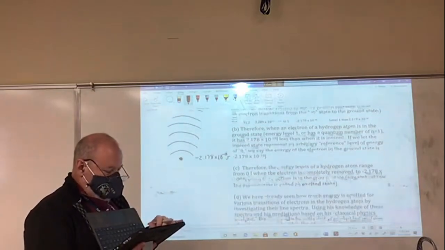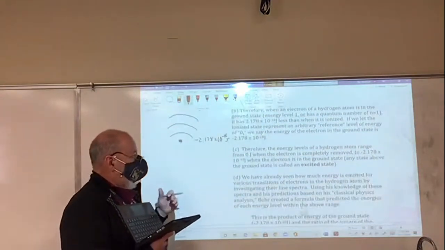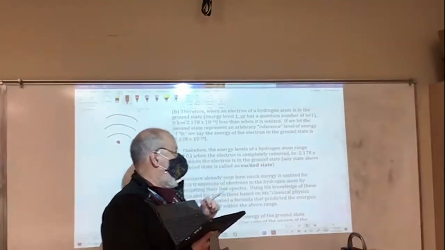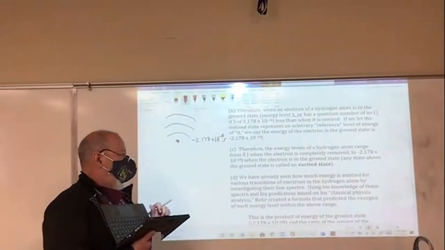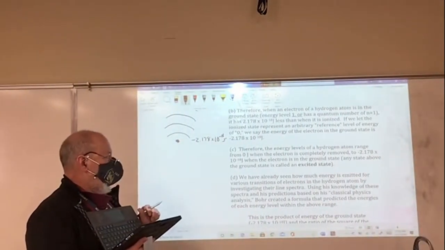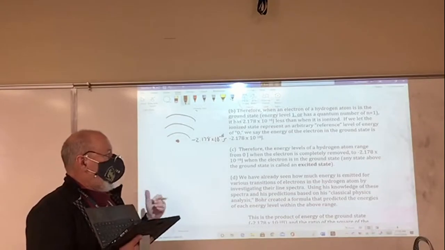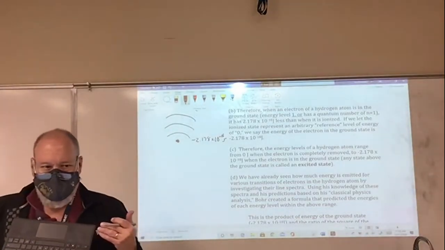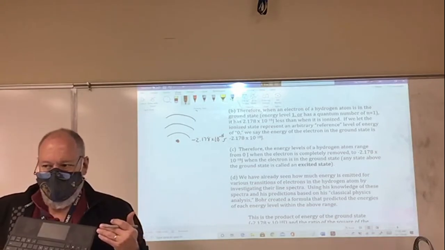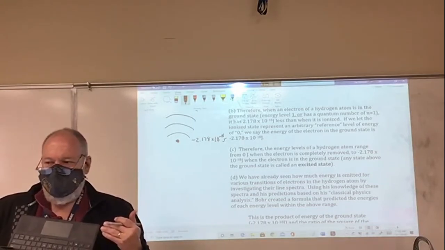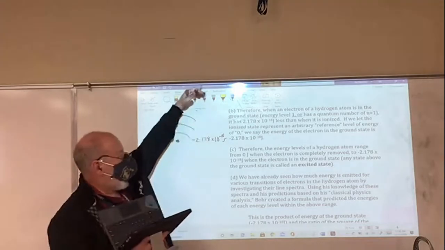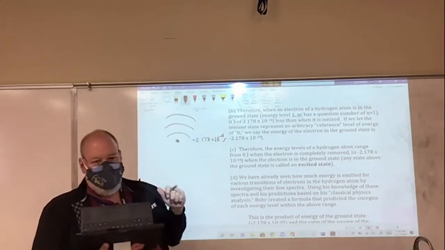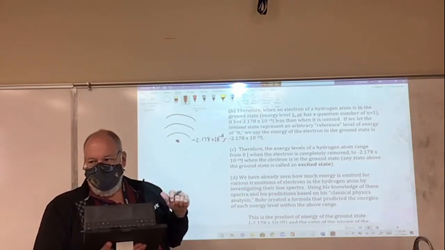That's why these numbers are negative. Therefore, the energy levels of a hydrogen atom range from 0, when the electron is completely removed, to negative 2.178 times 10 to the negative 18th. Now, what would have been more acceptable of a way to do this to our minds? Not set 0 as this level out here and this is a negative amount of energy, but what would have been more acceptable to us?